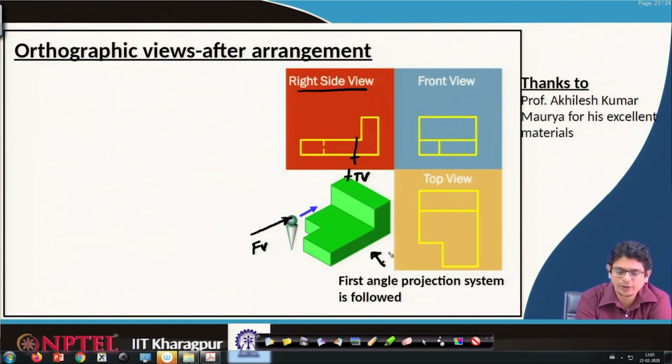From the right side we are trying to project it onto the left side. So, that view we call a right side view. So, right is projected to left. The right side thing we are projecting onto the left side.